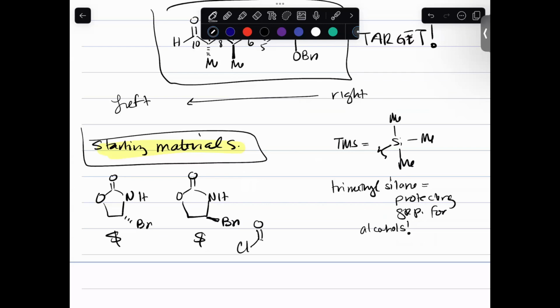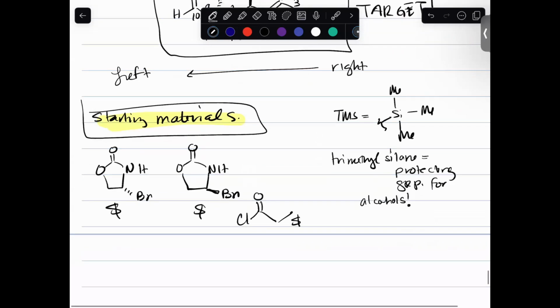He also has access to the following acyl chloride, which we've used before for our alpha alkylations. And finally, the following alpha beta unsaturated carbonyl compound is also commercially available.